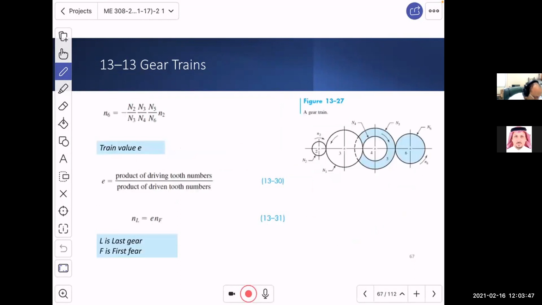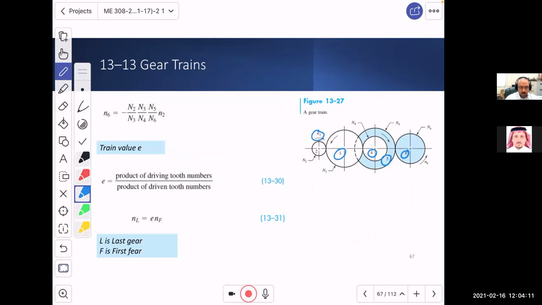And then we talked about the train value, okay? And for the train value, we have here a set of how many gears? This is N2, that's number 1, 2, 3, 4, and 5. So these are 5 gears starting from gear number 2 until gear number 6.